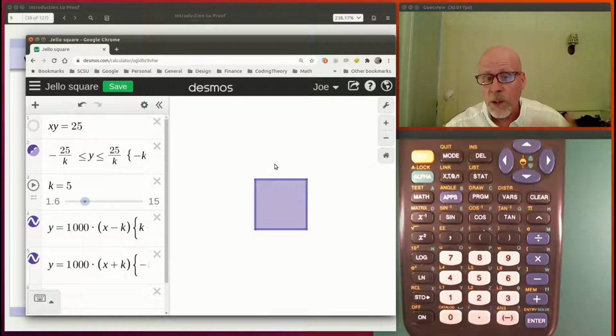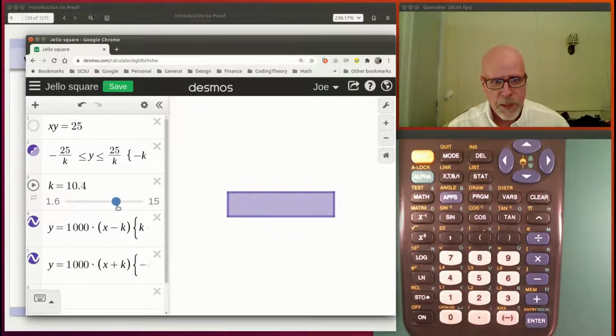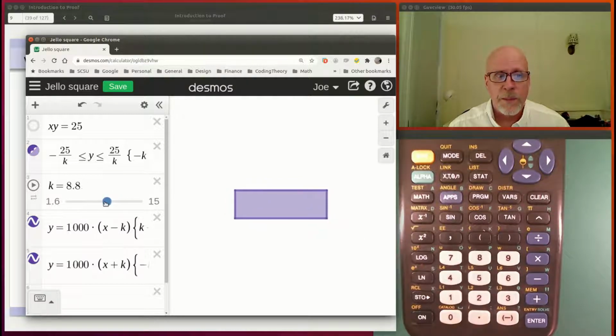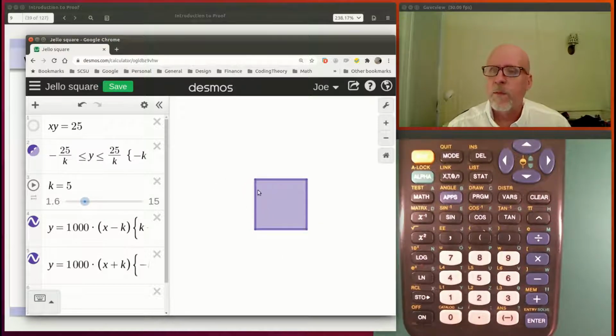Now, since all these families of rectangles had the same area, they all had area 25, I'm going to just ask you to trust me. There's some funny business I played with Desmos to make that happen, but they all have area 25. Think about a low, wide rectangle, one that's out here. It has maybe a height of y and a width of x. So x times y is this area. But when I bring it down to here, there it is, I've just got a 5 by 5 rectangle.